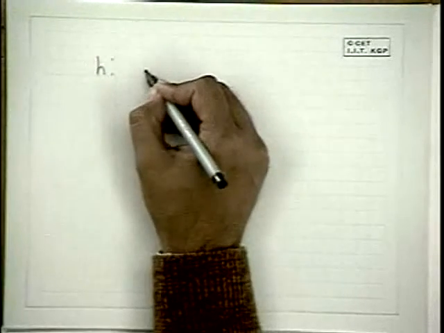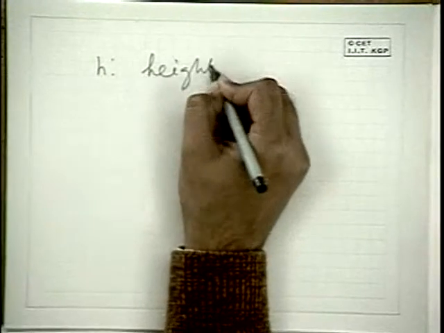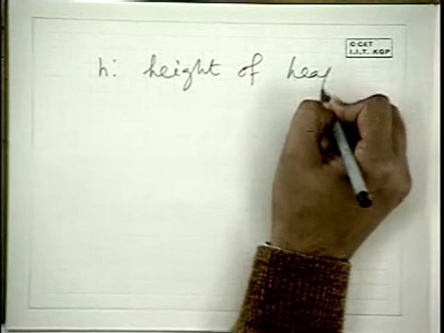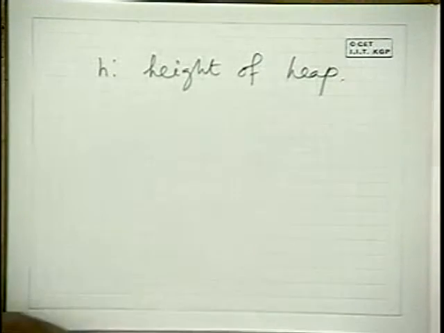Okay, so let's see now. The first thing we will prove is the height of a heap. So let us denote h as the height of the heap. What is the height of a heap?